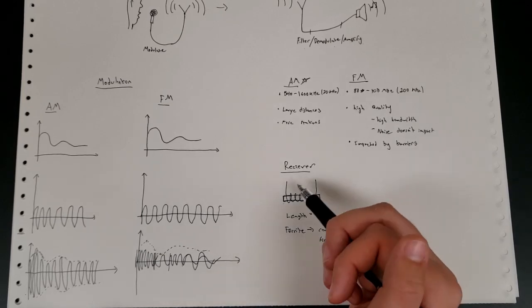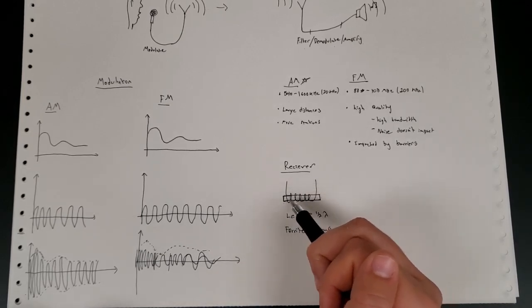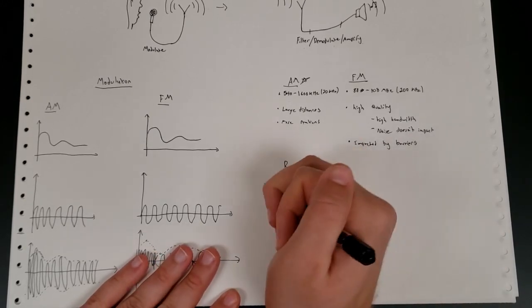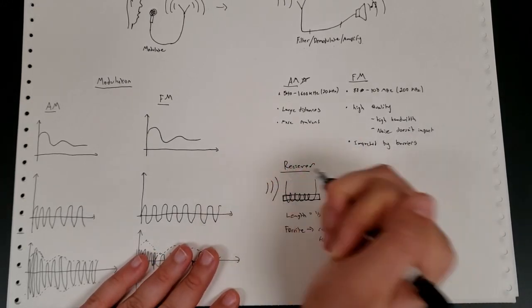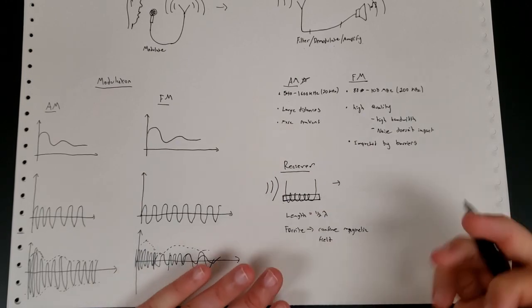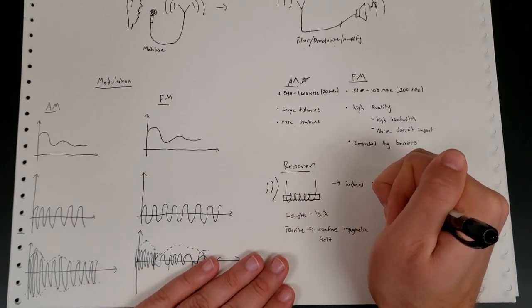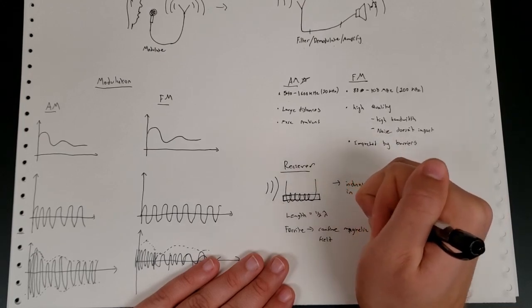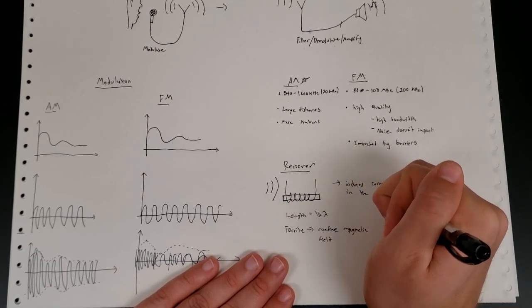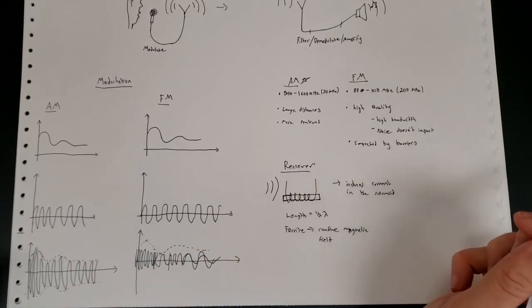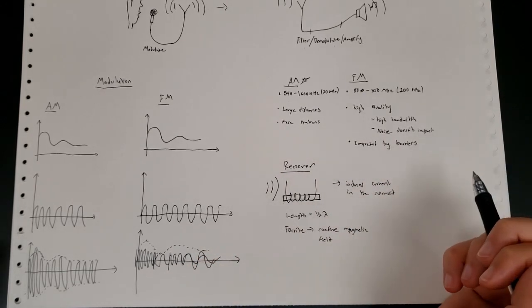Okay, and now this receiver or this inductor is able to pick up the signal because as we send in this oscillatory EM wave, it induces a current in the solenoid, right? The same way that putting a magnet in and out of a solenoid will induce an EMF and then a current.